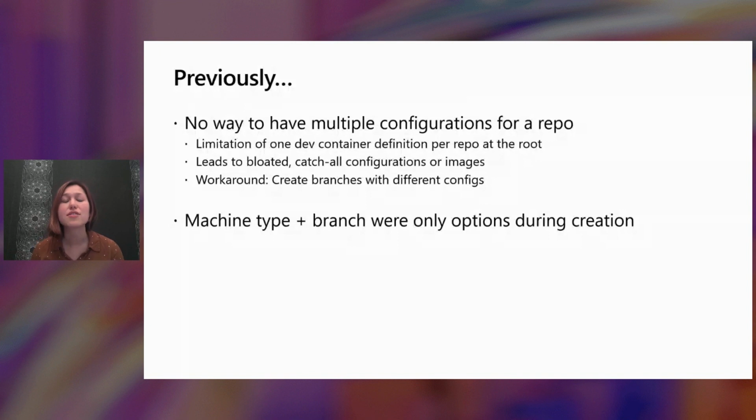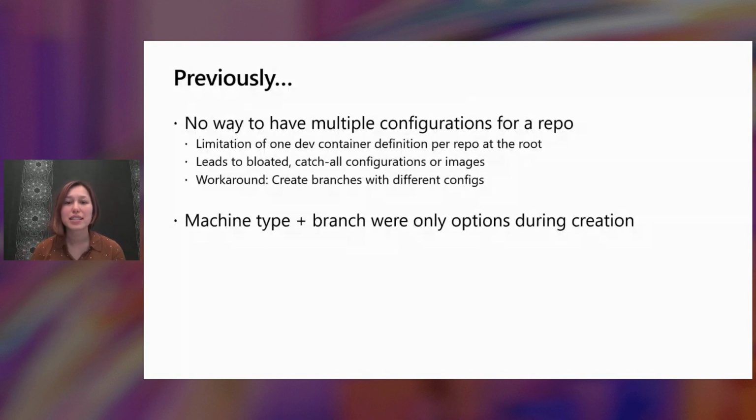Now, we did see folks who would create branches with different configurations as a workaround, but again, that was not quite well supported. It truly was a workaround. And as we think about configurations outside of your dev container definition, you were really only allowed to choose machine type and branch when you were creating your code space.